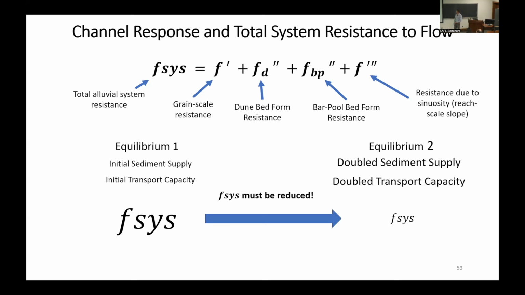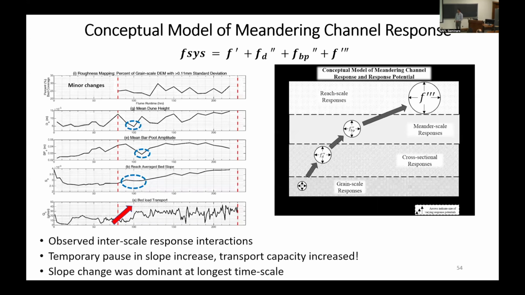And so conceptually, in our case, we had this temporal progression where our grain scale response was basically 0. So we didn't have enough heterogeneous sorting, I think, in the first place to see a meaningful change there. Our sediment supply was probably too high, our bed mobility was probably too high.